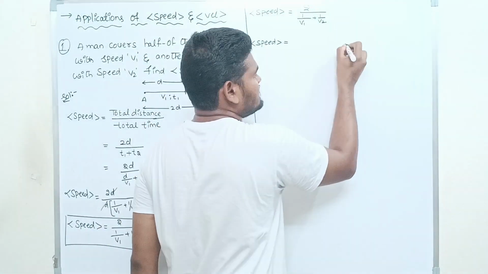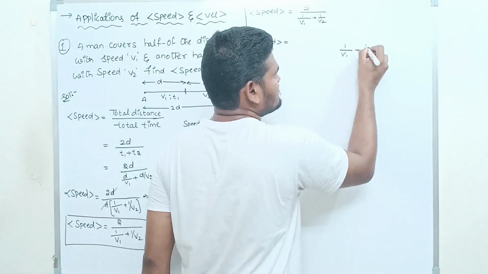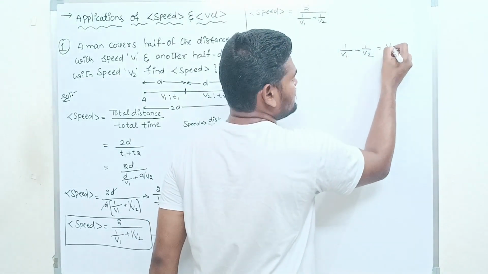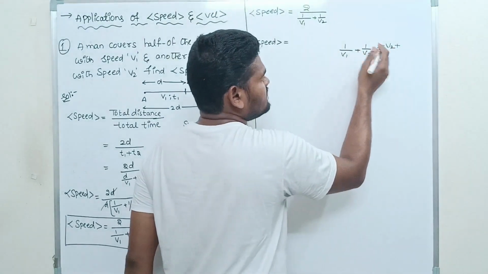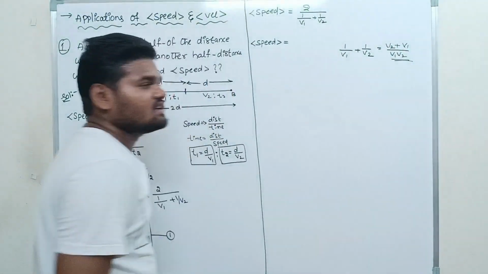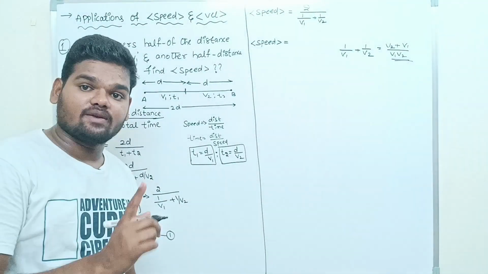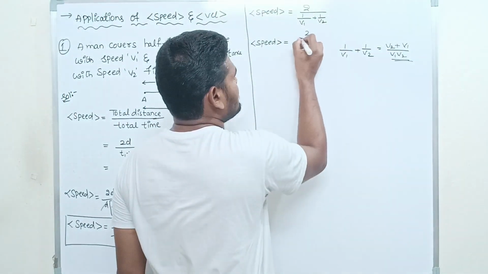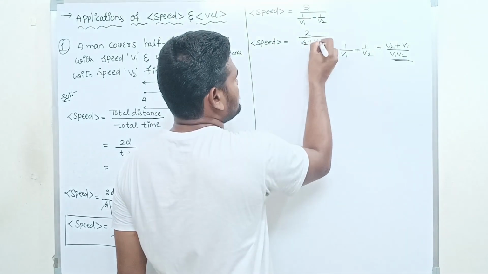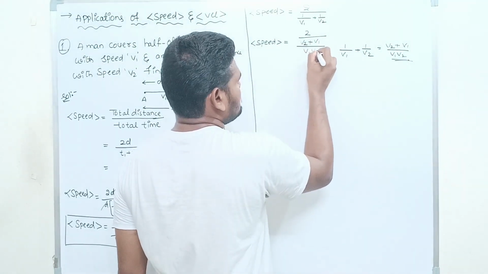Taking the LCM of this term, 1 by V1 plus 1 by V2, which is equal to V2 into 1 plus V1 into 1, divided by V1 V2. So this is the LCM of 1 by V1 plus 1 by V2. Just we can write 2 by, what is the value of this? V2 plus V1 divided by V1 V2.